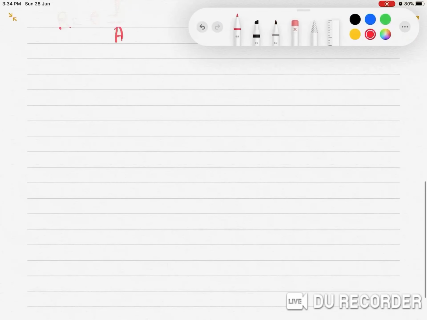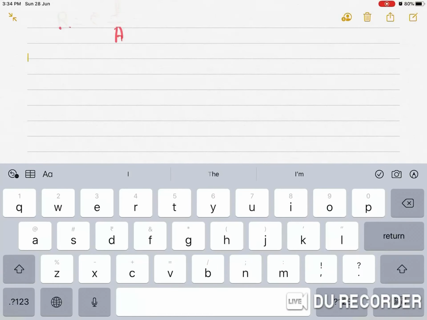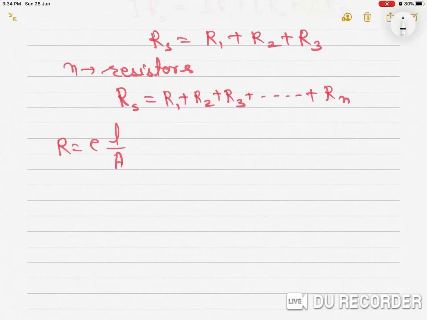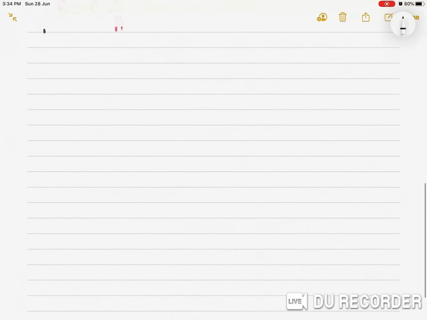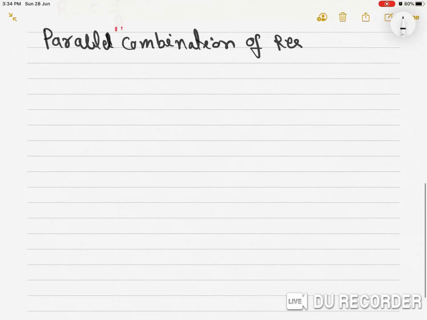Now, the second type of combination is parallel combination. Parallel combination of resistors. Resistor is a device and resistance is its property.